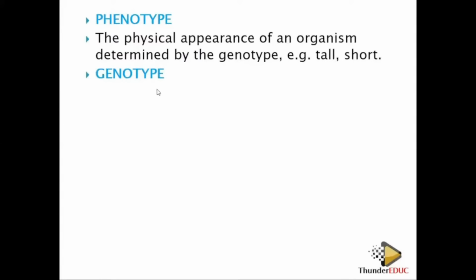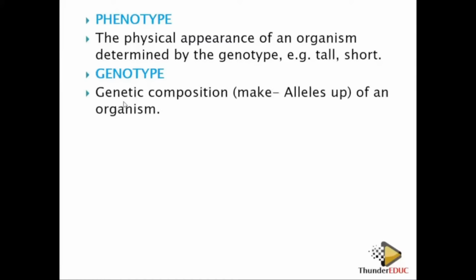And then what about genotype? Here you are describing an organism in terms of what? In terms of genes, genotype. The gene type. Which kind of gene type do you have? So here is the genetic composition of an organism. You know you are tall, but which kind of tallness? You might be tall, but homozygous tall or heterozygous tall.